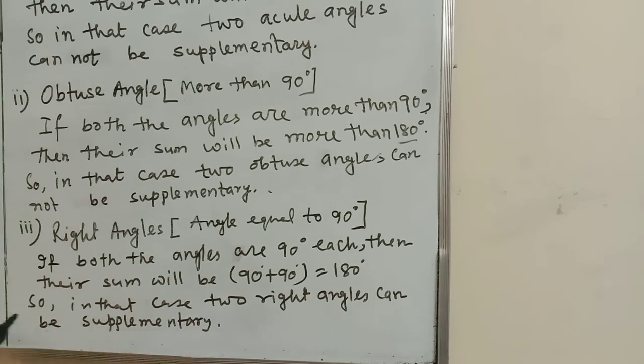Only when both the angles are 90 degrees can they make supplementary angles.